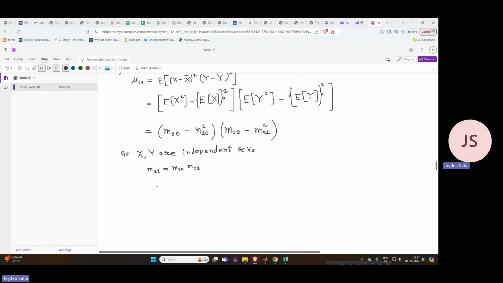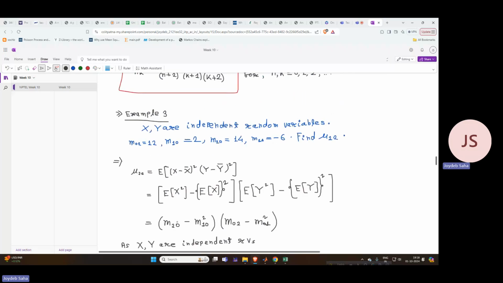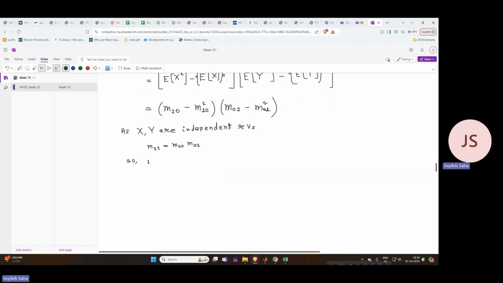Okay, so we can write which value we don't have. M01 we don't have, so M01 is equal to M11 divided by M10.